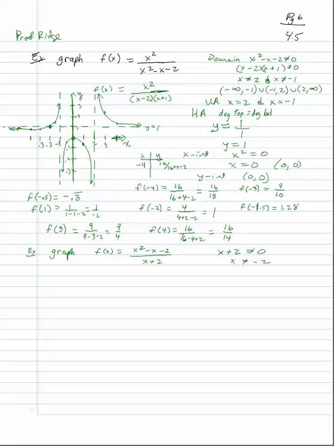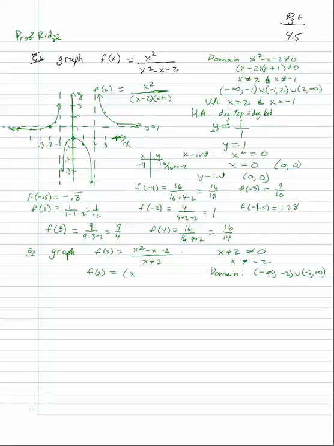Now we need to factor this to make sure that the vertical asymptote is there. So the domain is negative infinity to negative 2, union negative 2 to infinity. We want to look at f of x factored, just to make sure it's an asymptote.